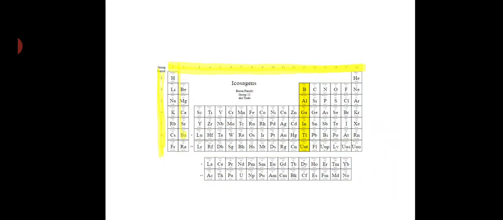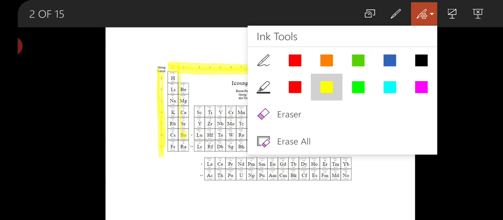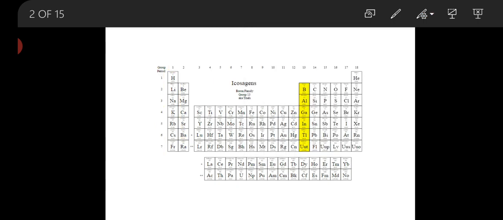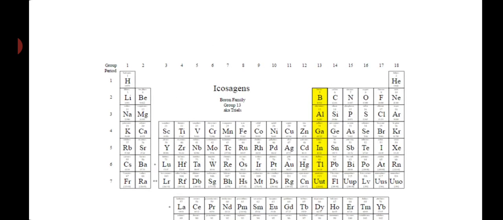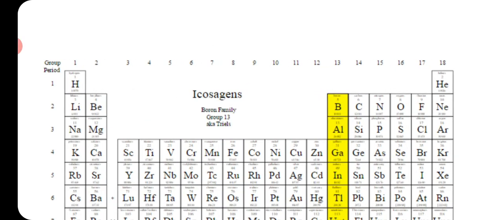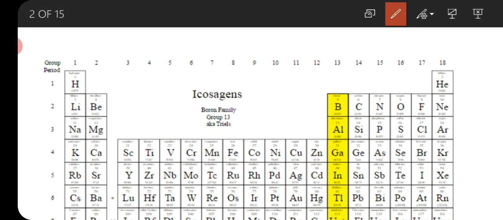So to enlarge this, we can see the group numbers from 1 to 18, and these are known as period numbers.